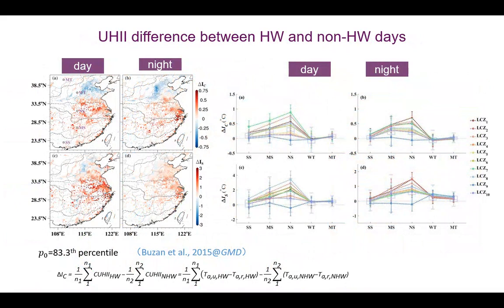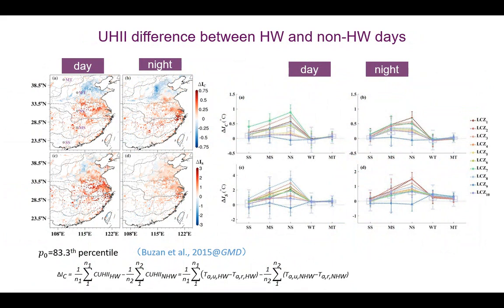Also, we can separate our simulation results into heat wave events and non-heat wave days based on the 83.3 percentile, based on Bose's results. This is a relatively low threshold because we just want enough samples for each wave. The difference between the heat wave and non-heat wave days can be taken as how the heat wave enhances the urban heat island.